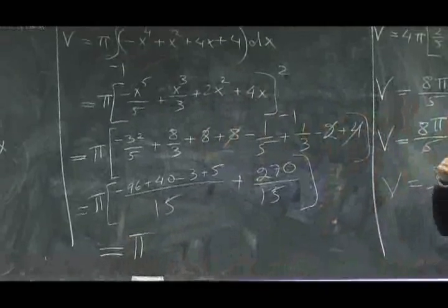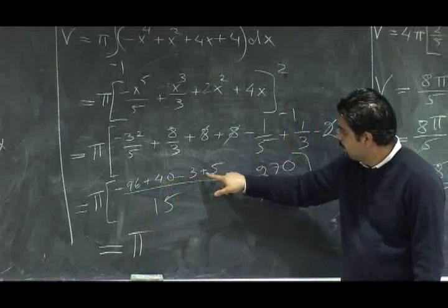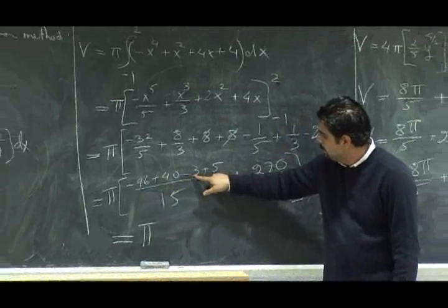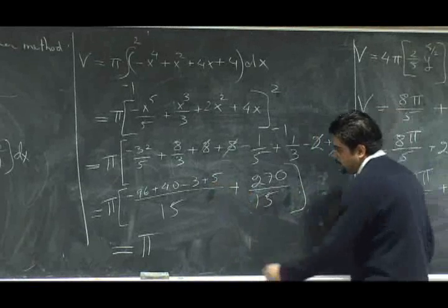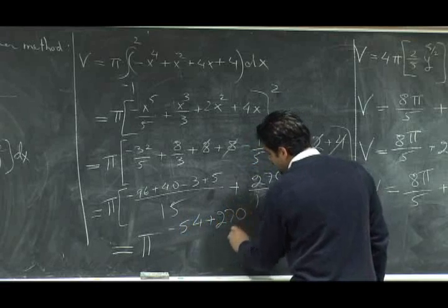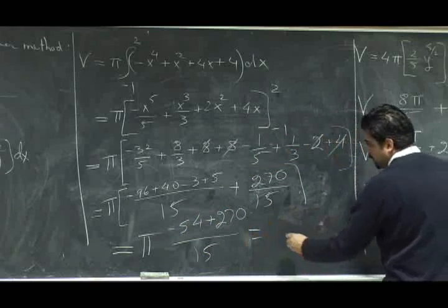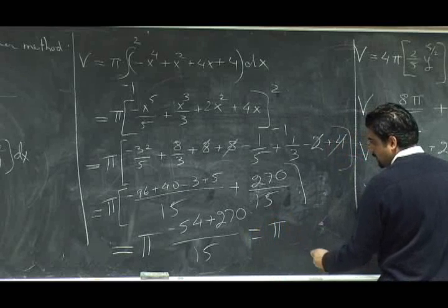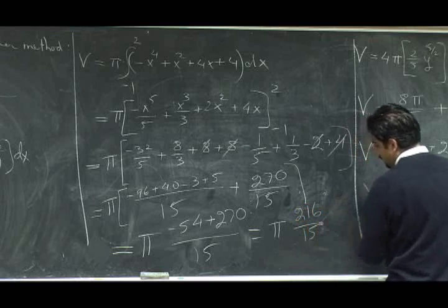Hopefully, this adds up to what it should. Does it? So this is 56 minus 56 minus 59 minus 54. We have minus 54 plus 270 over 15. That gives us 216 over 15, right?